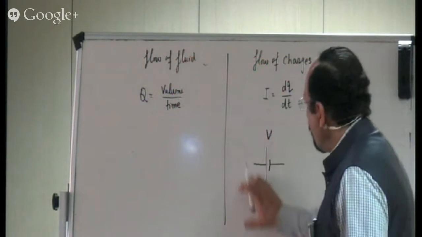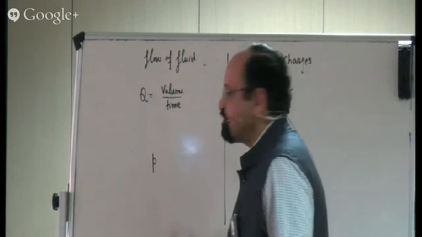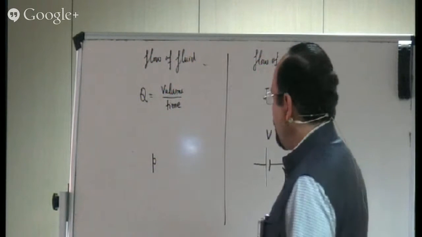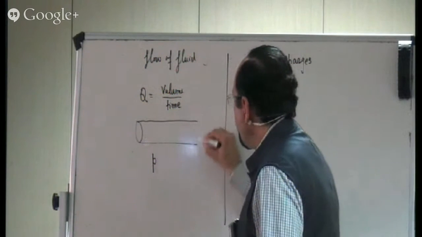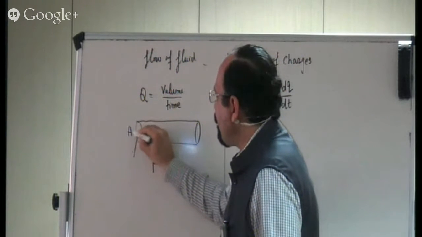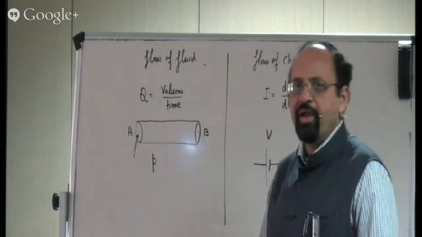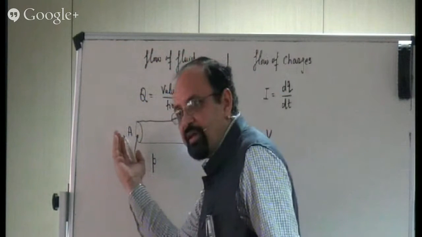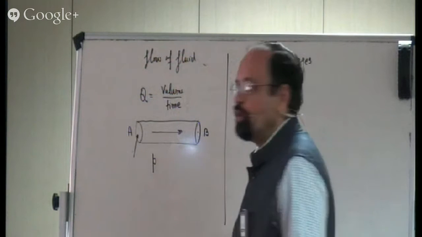The same role is played in this case by the pressure difference, which I am representing as P. That means if I have a tube here, and suppose I have more pressure at the inlet, let me call this point A and this point B. If somehow with the help of a pump, I generate higher pressure at A and lower pressure at B, then I'll get the flow from the high pressure side to the low pressure side.